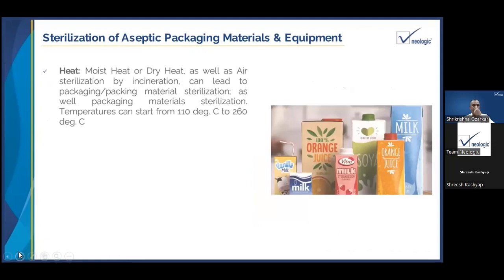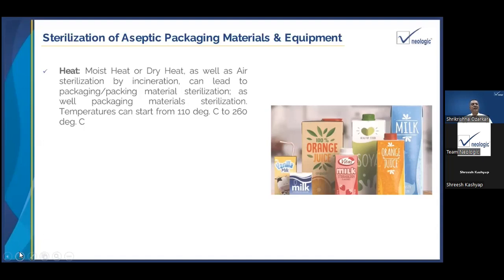When we say sterilization of juice or beverage, it can be for the package and also for the equipment, and it can be done in different ways. The first is heat. It can be moist heat or dry heat: steam, superheated or supersaturated steam, as well as air. Air sterilization is also done in some rare cases, mostly in the pharma sector, when the air needs to be sterilized.